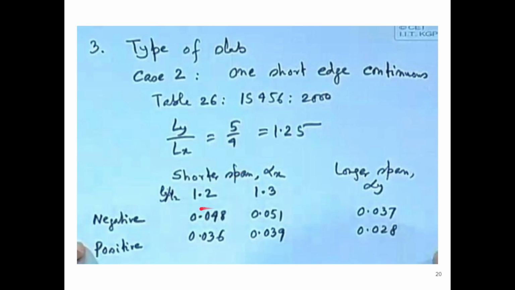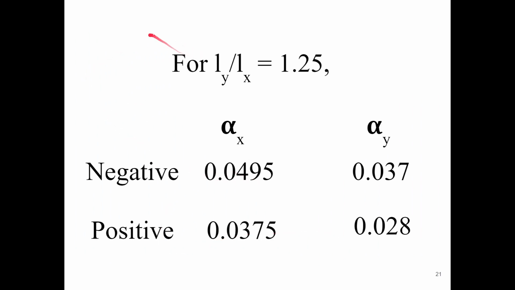For the shorter span it will be between these, because it is 1.25: for 1.2 it is this, for 1.3 it is this, so our value will be in the middle. If we interpolate for Ly by Lx equal to 1.25, the negative value for alpha x will be 0.0495, and the positive value will be 0.0375, and for alpha y 0.037 and 0.028.